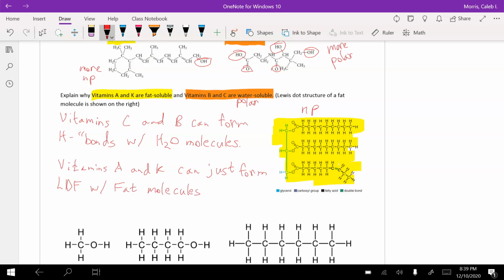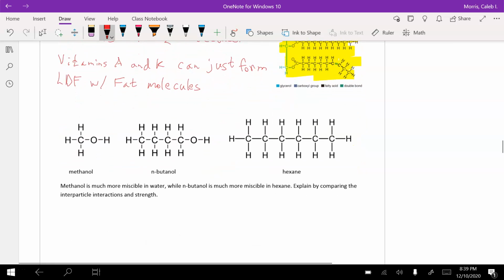Now the other thing that could happen is it could form dipole-induced dipole forces with water, but dipole-induced dipole is a very, very weak interaction, so it wouldn't actually be enough to separate water molecules or to separate vitamin A or vitamin K molecules from one another.